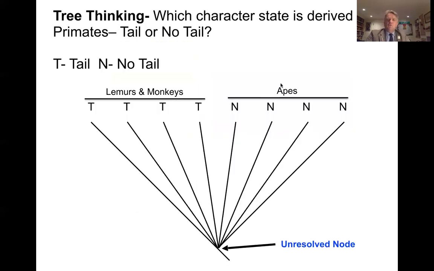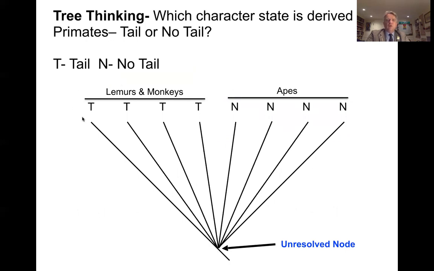Okay, so if we have a phylogeny of primates, we have a bunch of traits that define primates. However, we have a node here that represents the common ancestor of primates, and the node beyond that is unresolved. We have no knowledge of the phylogenetic relationships of the lemurs and monkeys and the great apes.